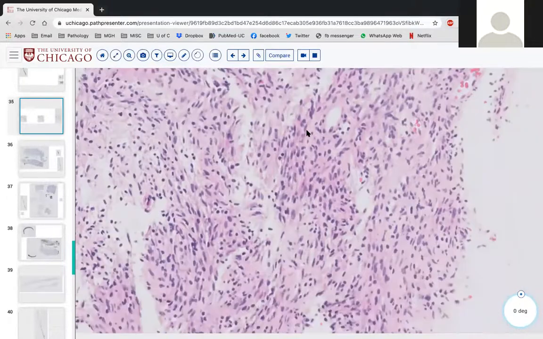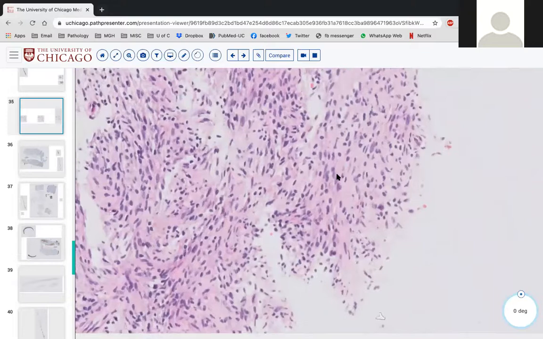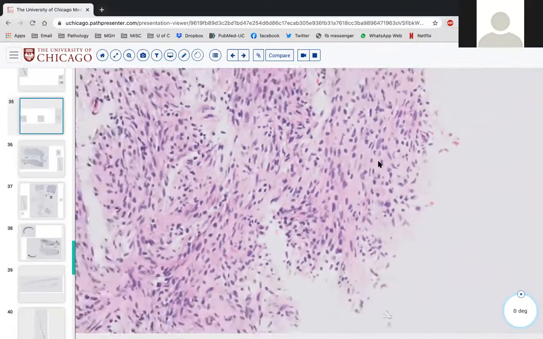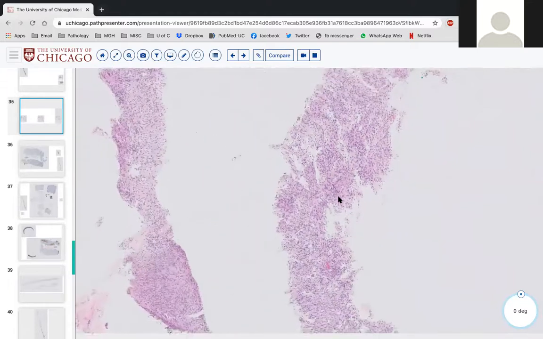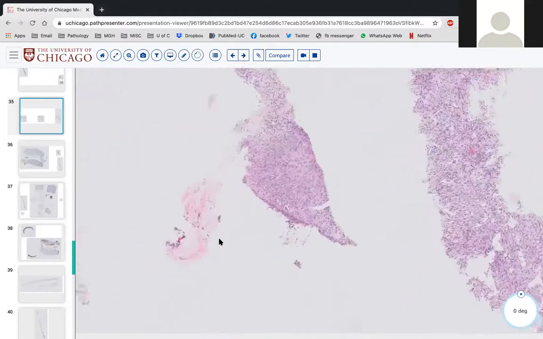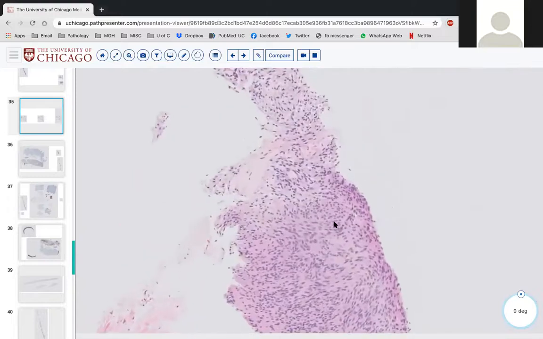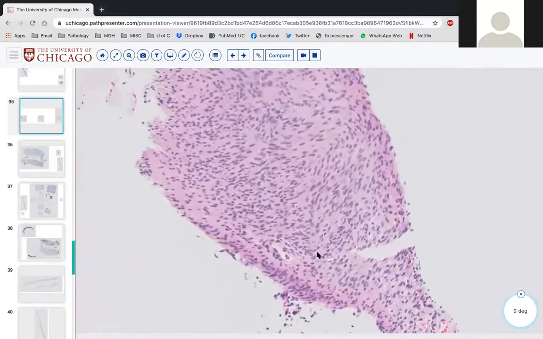So that's why we sent that one out. But do you think that this looks the same or different? I think it looks similar. For some reason, the stroma looks a little pinker, but otherwise the same. Yeah, it might be the staining. I believe that this was an outside case, so this might be their staining, and the prior might be our staining. So that might be why there's a little bit of a difference.